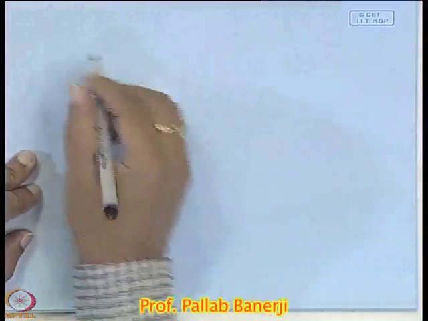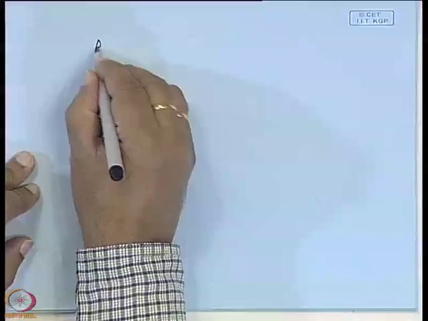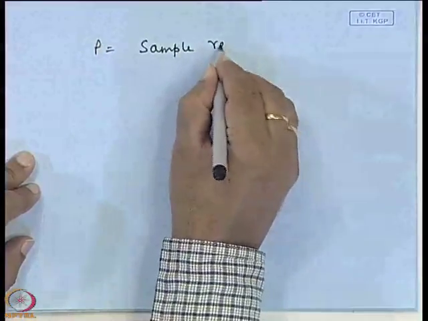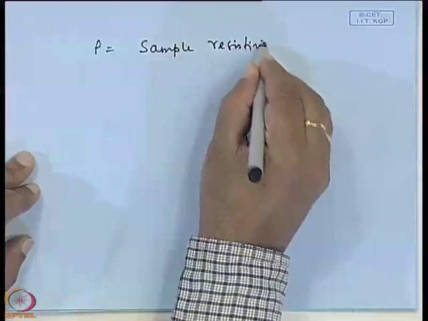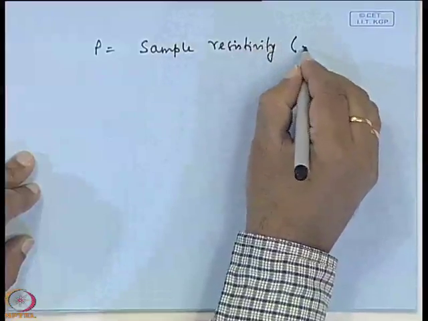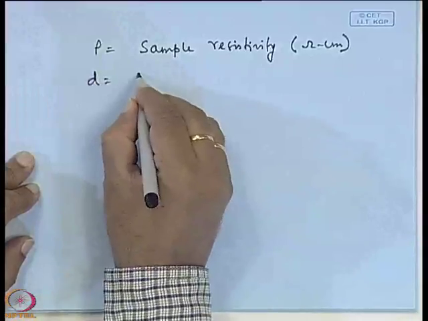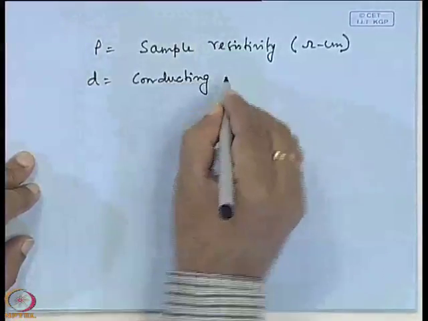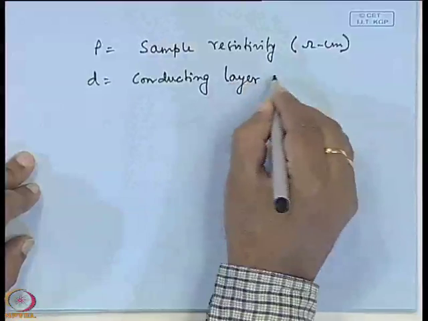Let us define the following parameters for the van der Pauw resistivity measurement. Say rho is the sample resistivity, in ohm centimeter. Then d is the conducting layer thickness.